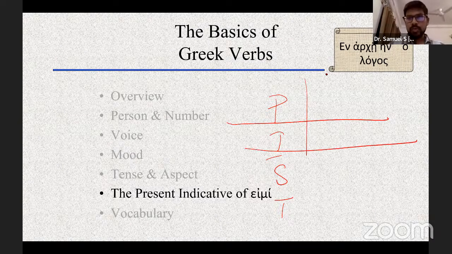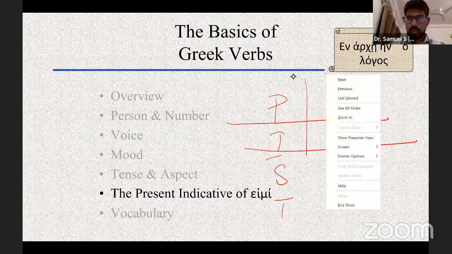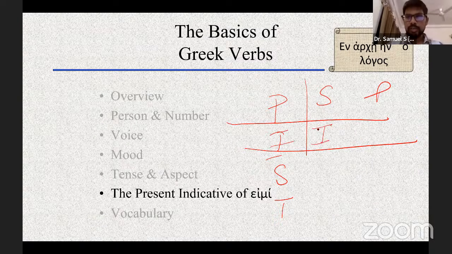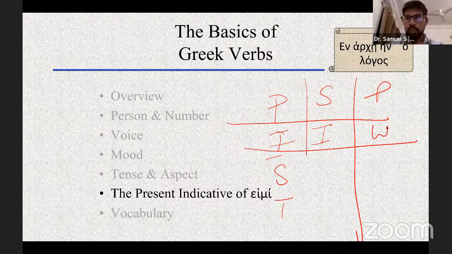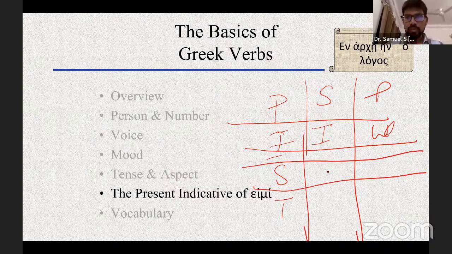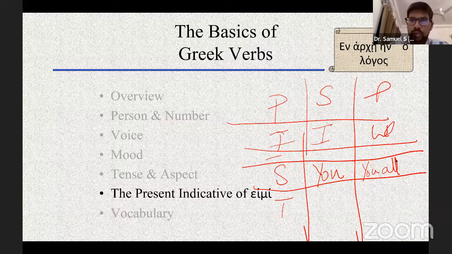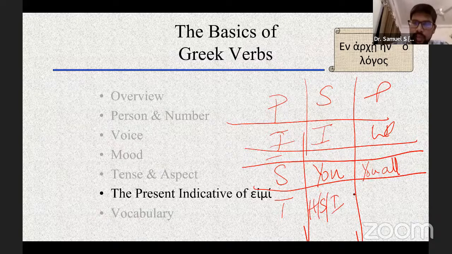And then here we'll do number, singular, plural. So first person singular will be I. First person plural will be we. Second person singular will be you. Second person plural will be you all. Third person singular will be he, she, it. Third person plural will be they.